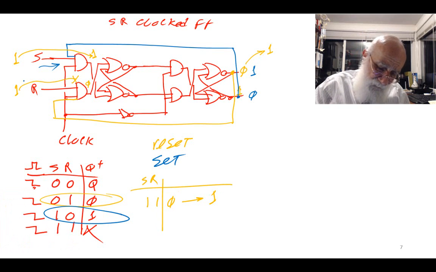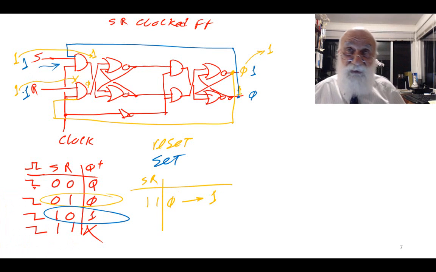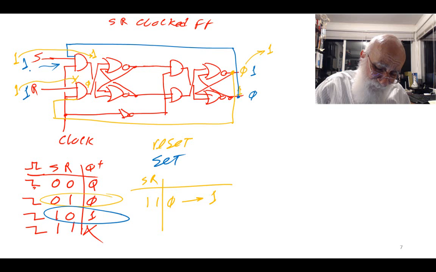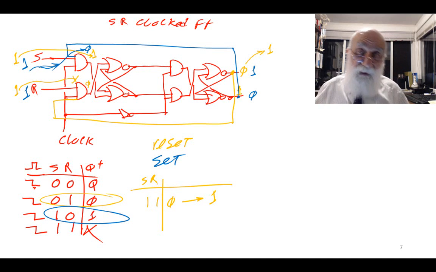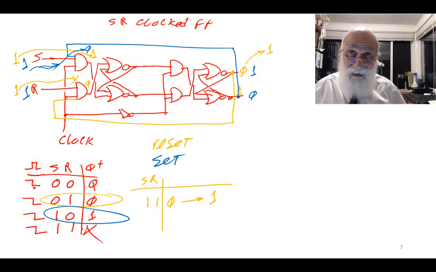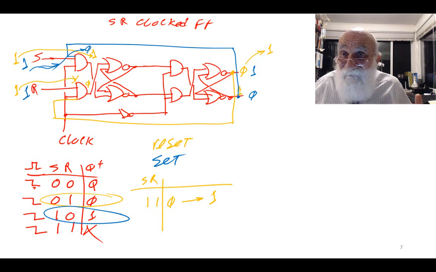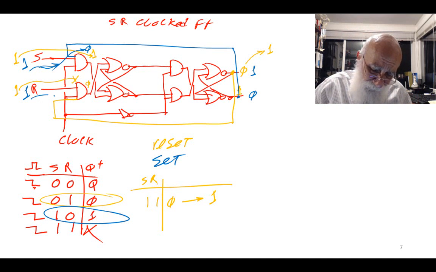What if SR is 1 1 and the circuit is in the set state? It is in the set state. The blue line feeds back, brings in a 0, and prevents this one from going through, and therefore this becomes 0. On the other hand, the 1 on R, because there is no 0 to prevent it from going through, goes here and becomes a 1 here.